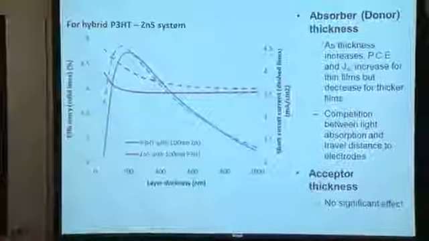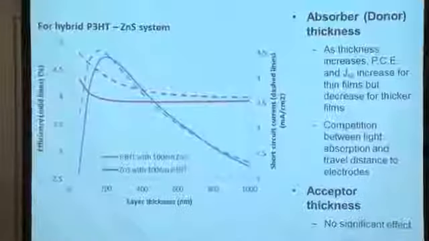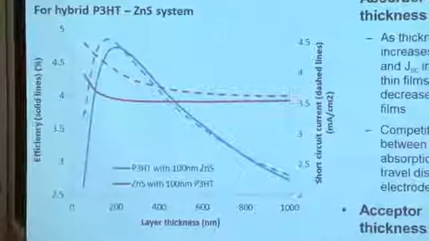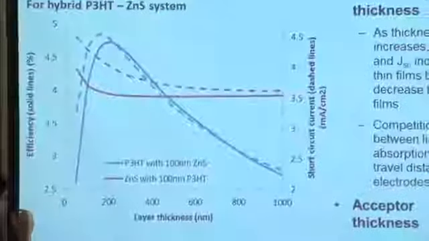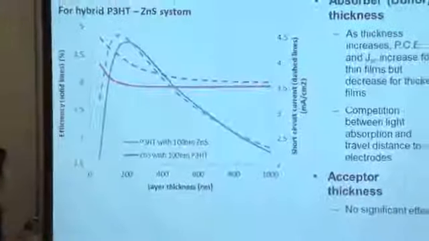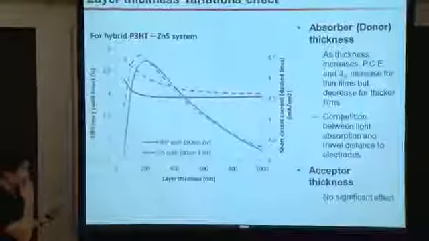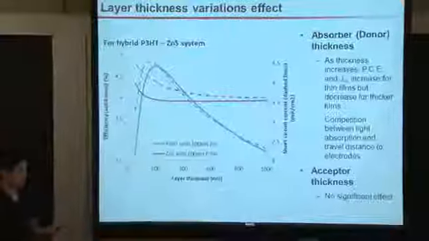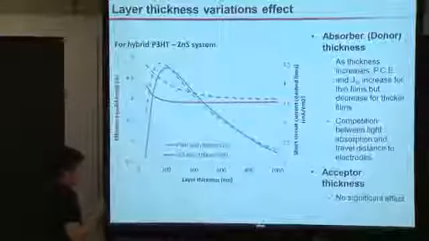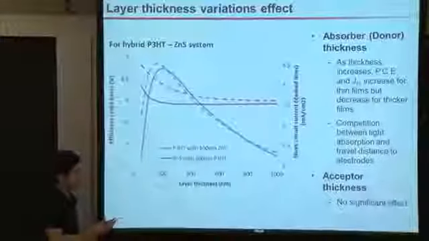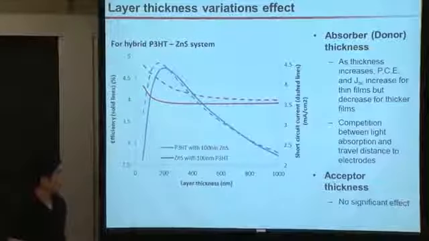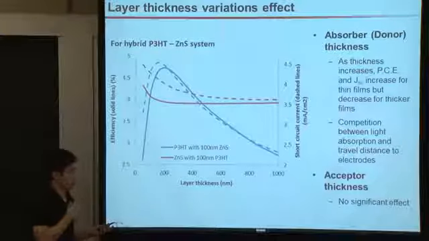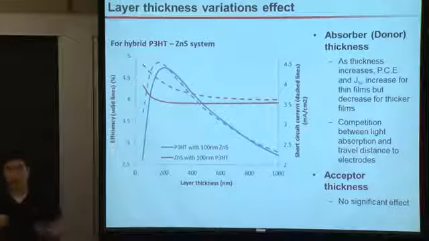This is also expected because for the absorber material, when we first increase the layer thickness, it gets more light, but after a certain point, the light absorption effect is already saturated. So increased layer thickness just means more distance to the electrodes. Whereas for the acceptor material, there is no significant effect of the layer thickness on the performance.